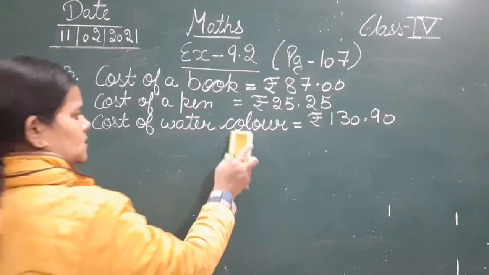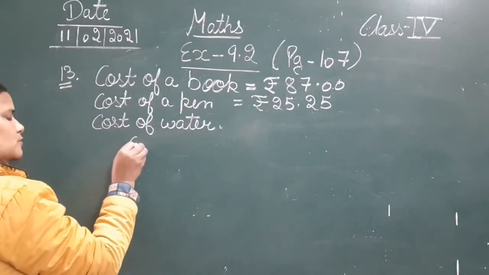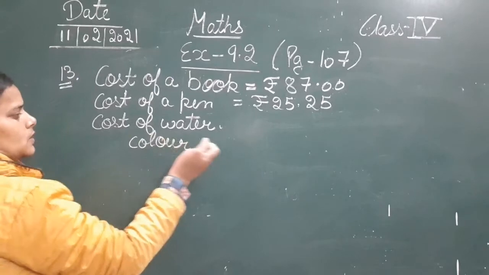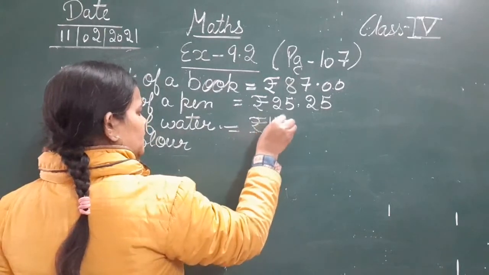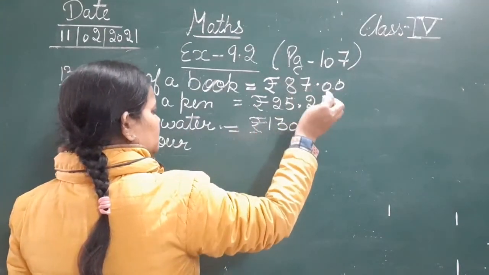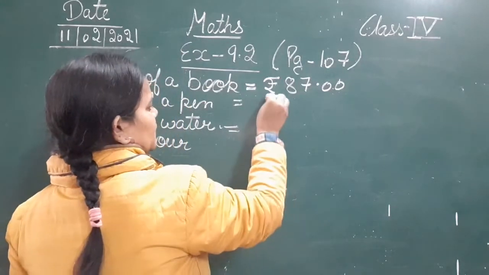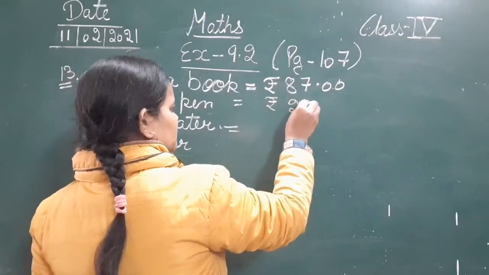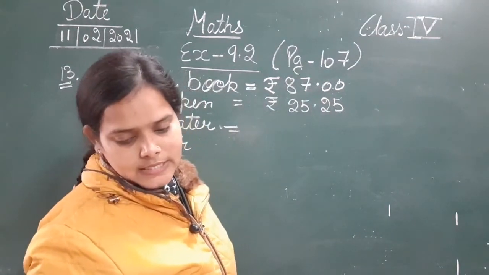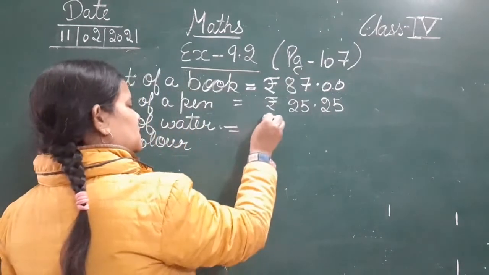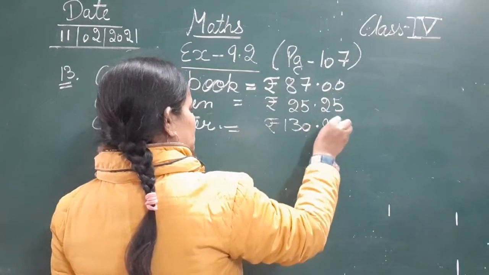Now we can easily calculate here. Watercolor is 130 rupees and 90 paise. Write it below the other digits.